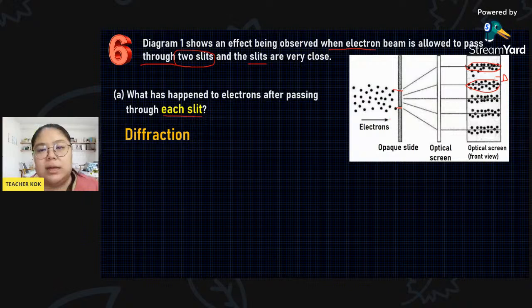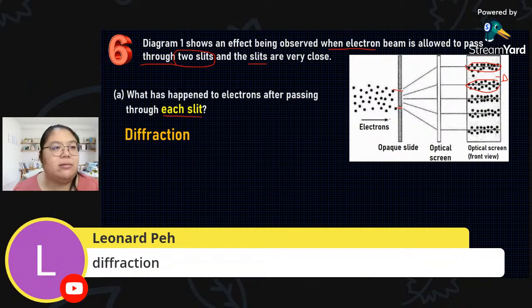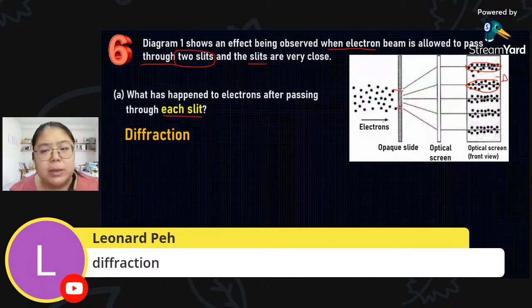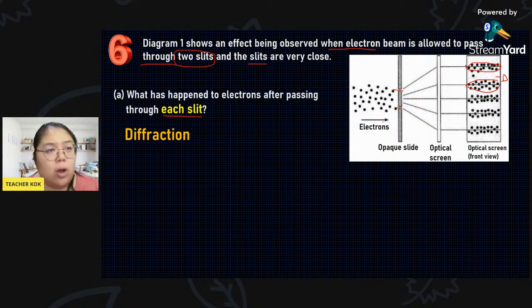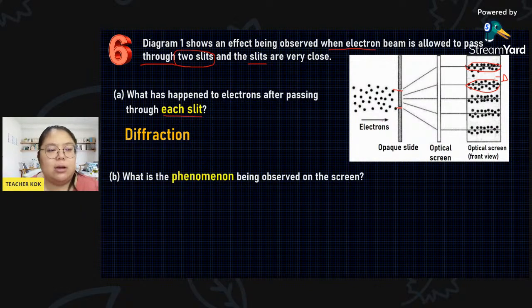So that means the electron can also show diffraction. Correct. This phenomenon just shows that the electron can also be a wave, not only a particle. Khatija also says diffraction. Correct. Okay, now B.